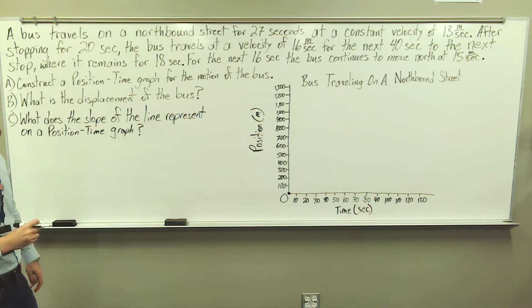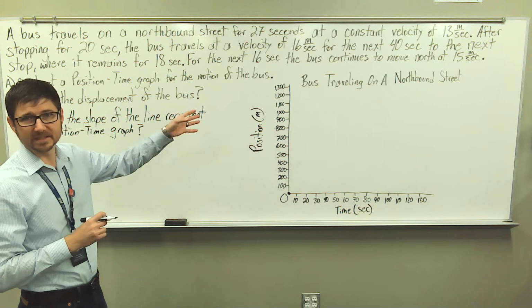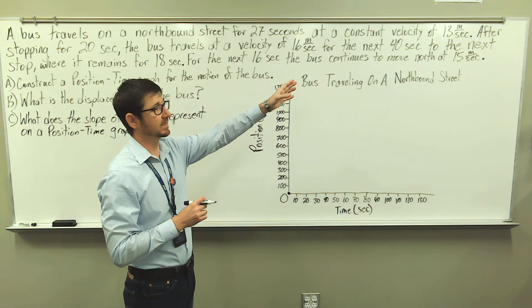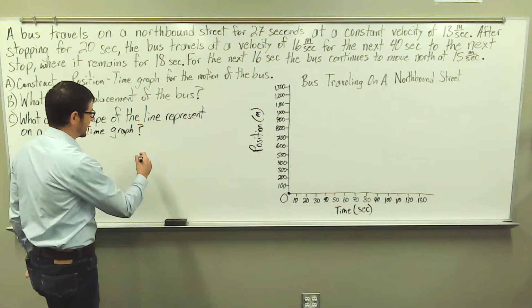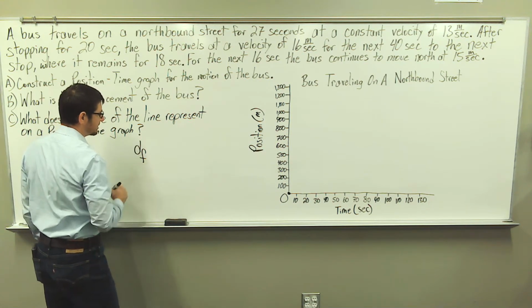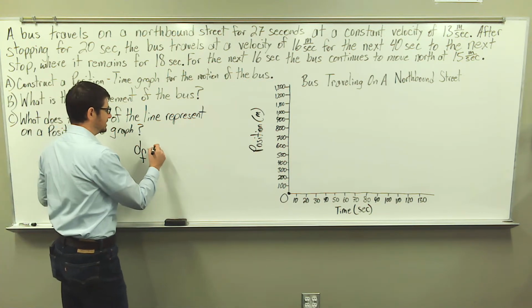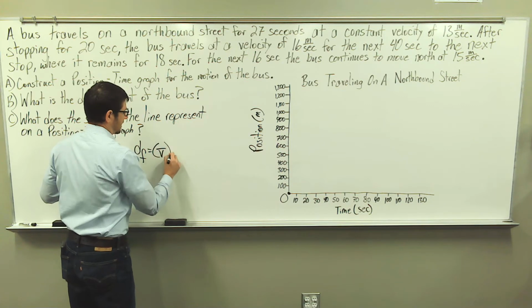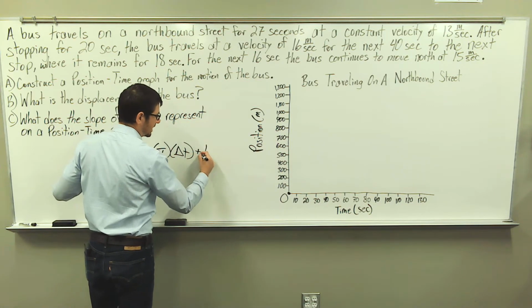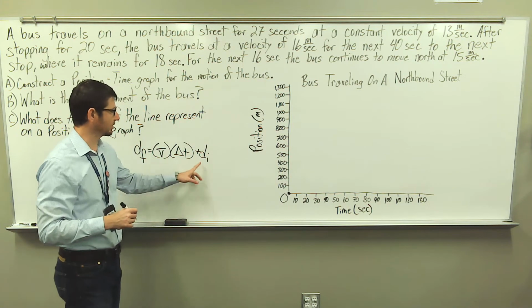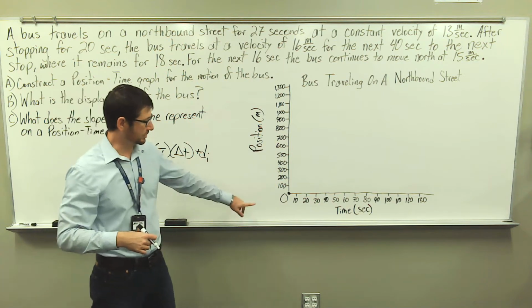Now, what we want to do is calculate the position of the bus after 27 seconds when it's traveling at 13 meters per second. So we're going to use the equation d sub f, which stands for the final displacement of the object, is equal to our constant velocity multiplied by our time interval plus d sub i, our initial position or initial displacement.